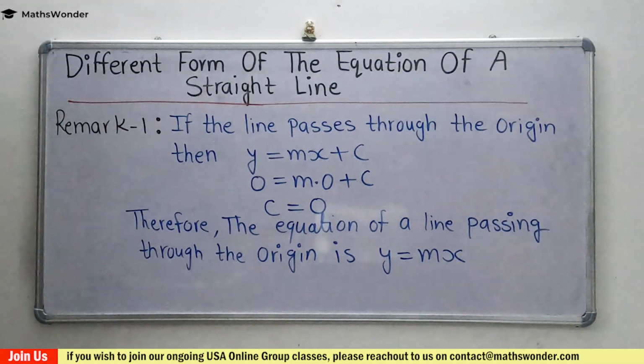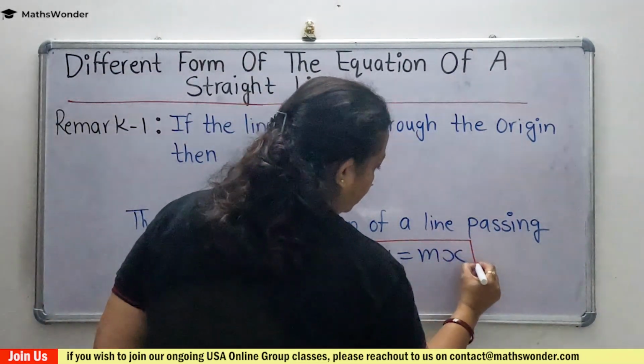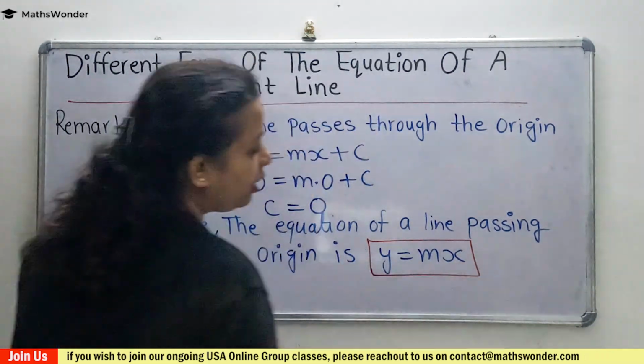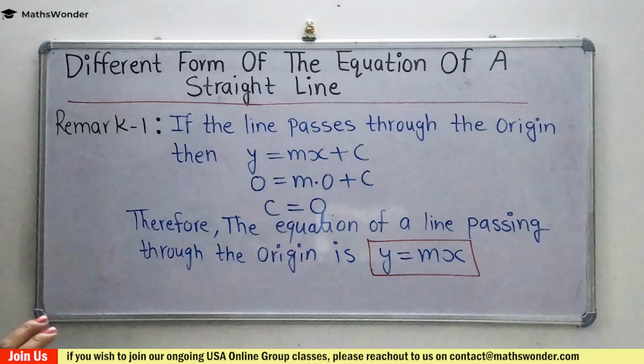Here m is the slope of the line. When your line is passing through the origin, the line equation will be y equals mx.